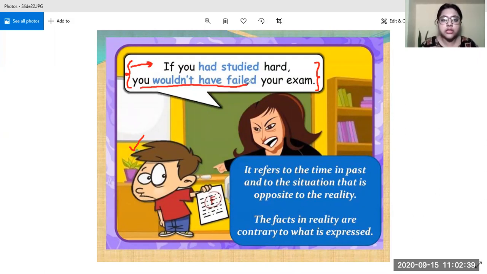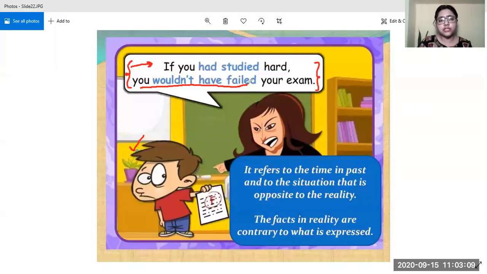So these types of sentences are used to refer to a situation that is opposite to the reality. What is the situation in reality? That this boy did not study hard and now he has failed. But here in the third conditional sentence, we represent a situation that is quite different or opposite from what is there in reality.